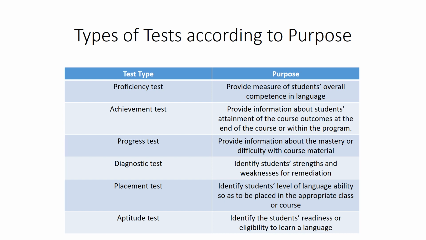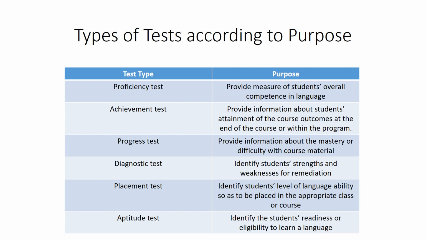Okay, so here we are going to talk about, for instance, the proficiency test. What is the purpose of the proficiency test? The proficiency test provides measures of students' overall competence in language. So here we are checking the overall ability or knowledge that these candidates have about language. Consequently, the proficiency test is not based on any content.